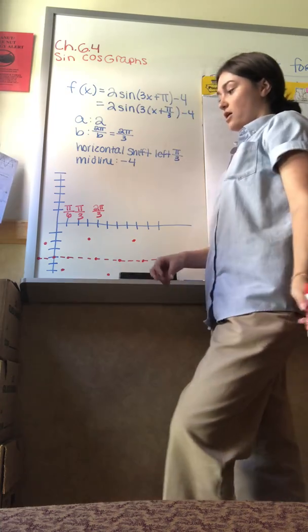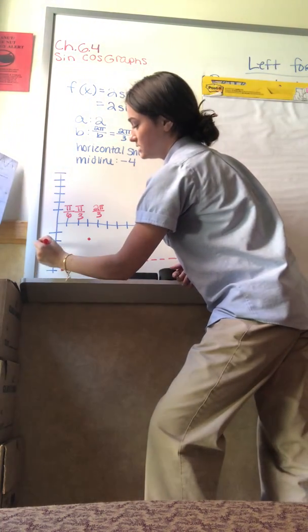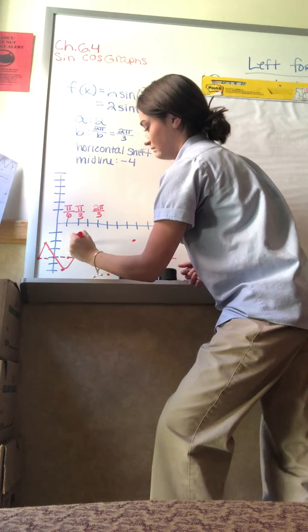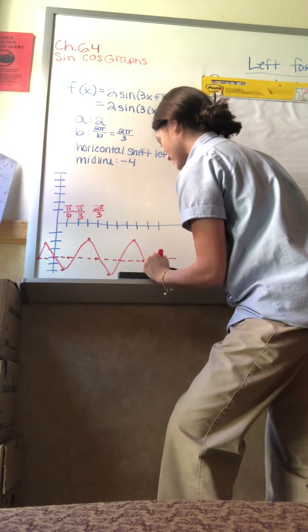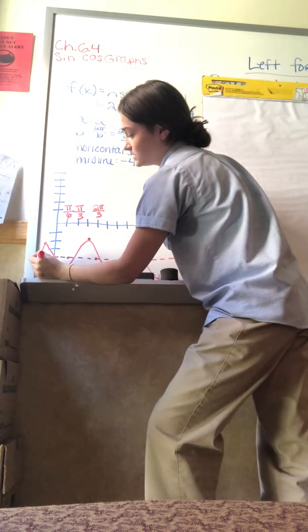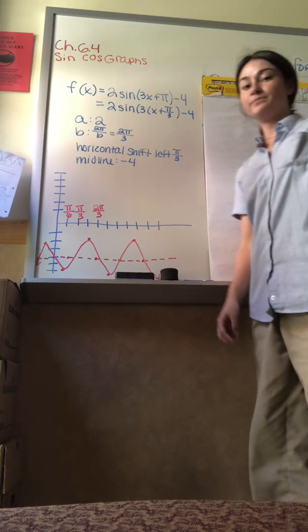And once you're done drawing all of them, then you just connect the lines. And then you draw arrows on the ends because they go on to infinity.